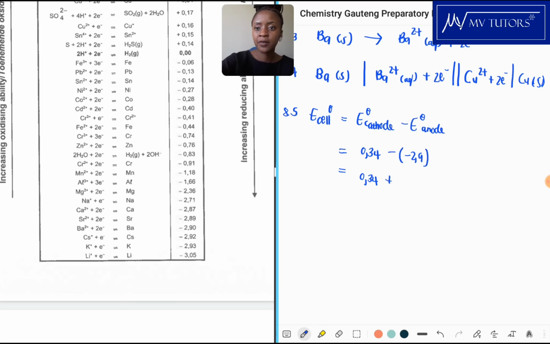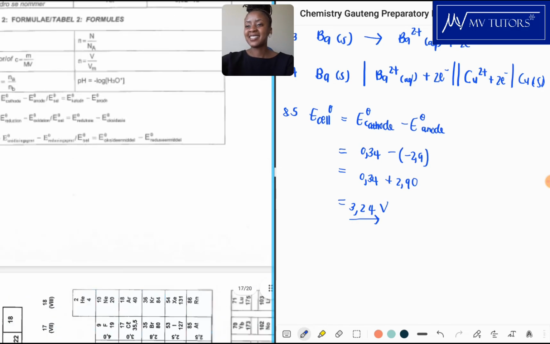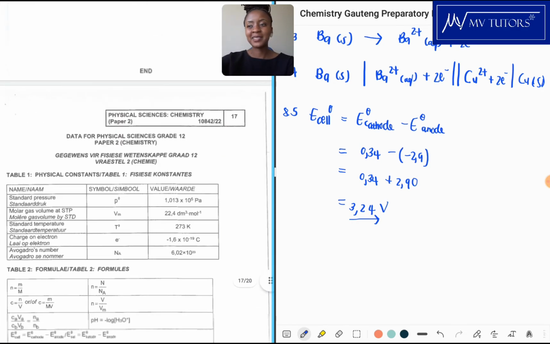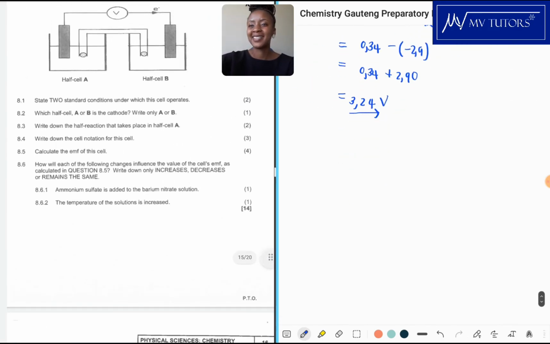So 0.34 plus 2.9, that is 3.24 volts. Yeah, 3.24 volts. I hope that is correct. It sucks sometimes how dependent we are on our calculators, and some of these easy sums can dribble a person.